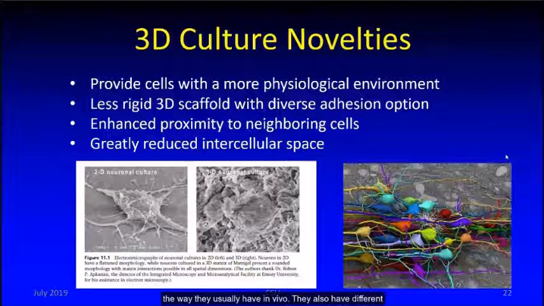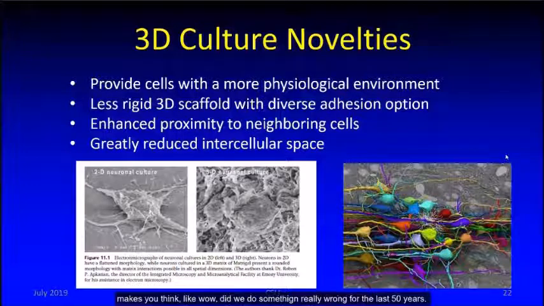They also have different ways of how they form their neurites and how they make connectivity. So we have now learned that it might be important to give the nervous tissue a much more in vivo-like surrounding in order to study what is actually going on.